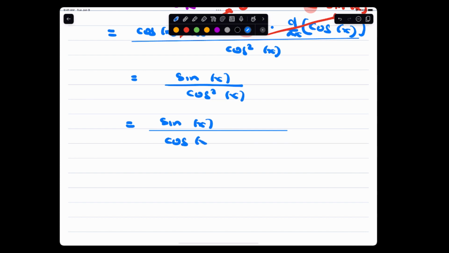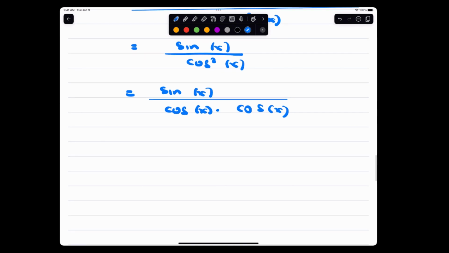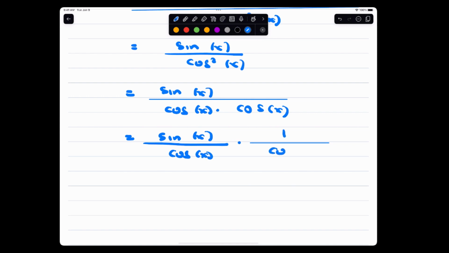Isn't cosine squared cosine times cosine? Okay, you guys okay with that? And I can write sine now, just using a little bit of algebra, arithmetic, this is 1 over cosine. Now, you may notice, hey, what do you have here? Sine over cosine.